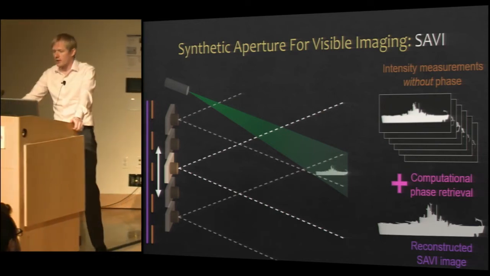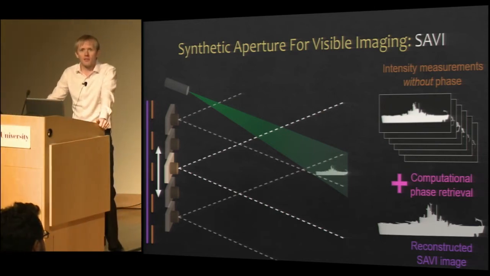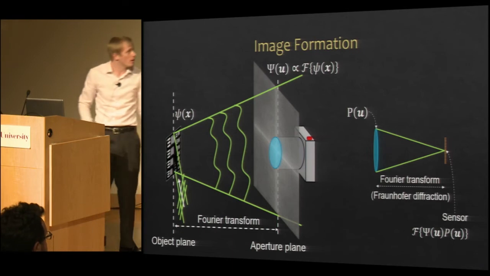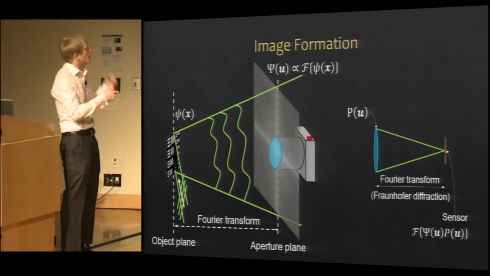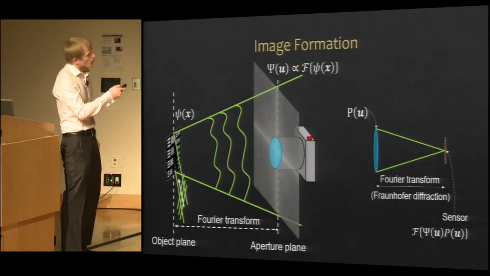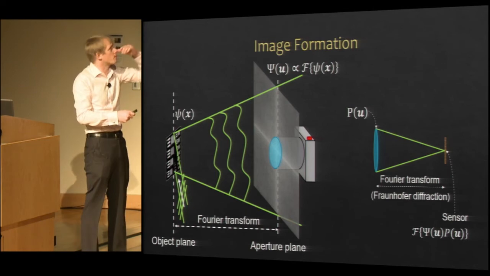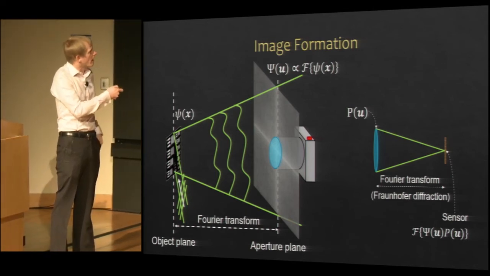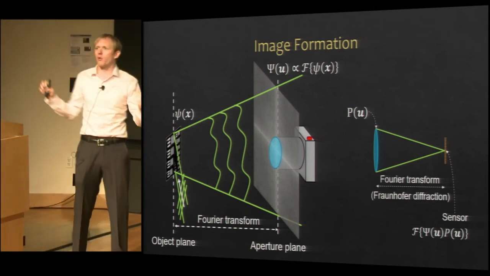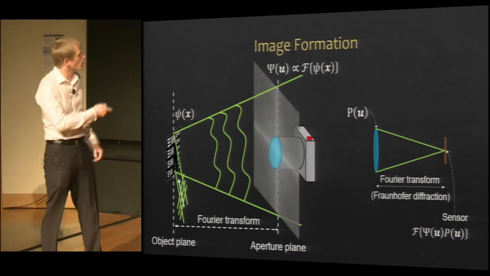Now, the forward model for this process is fairly simple. I have an illumination source. A coherent illumination source hits an object, reflects back towards my camera over a sufficient distance to undergo a Fourier transform, a scaled Fourier transform.